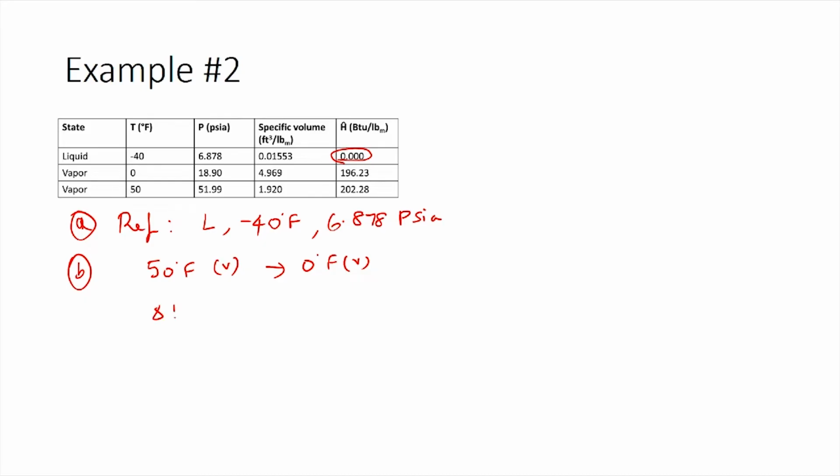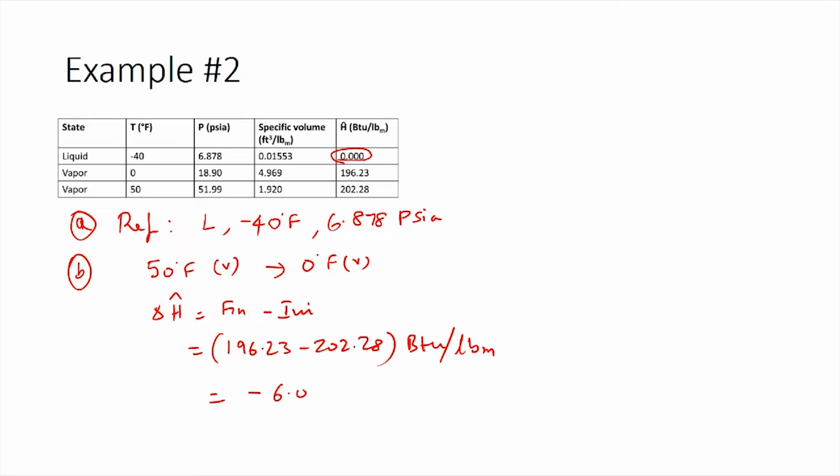So, the difference in specific enthalpy, delta H cap, will be final minus initial. So, this would be 196.23 minus 202.28 BTU per pound mass. So, this gives you a value of minus 6.05 BTU per pound mass.